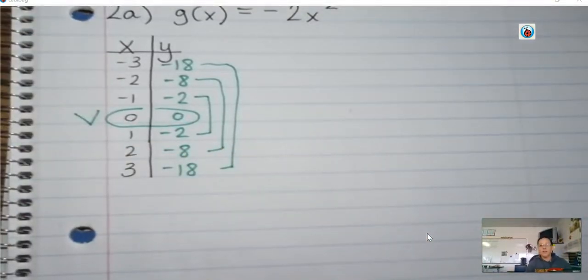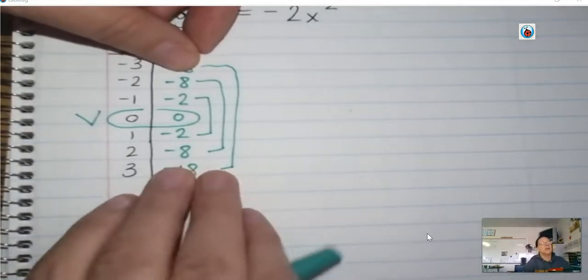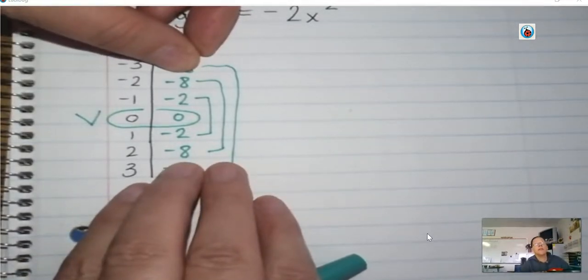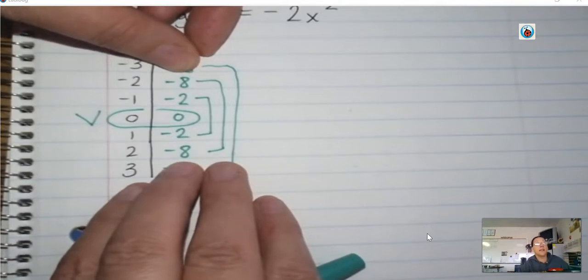Okay, get some graph paper. Let's not do the negative 18s. So if you look at the y values, they're going to go down. I would say make your y-axis hit at least negative 10.